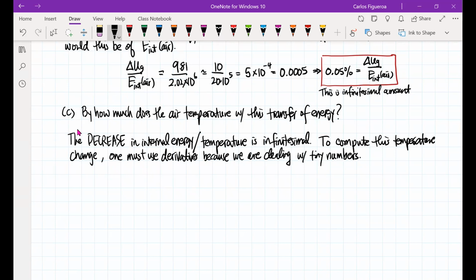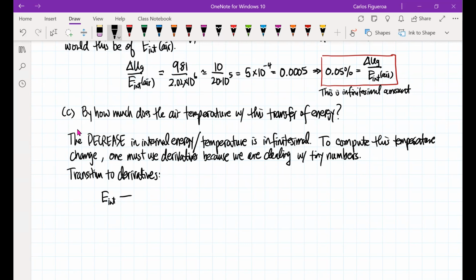So what I'm going to do now is transition to derivatives here. If I transition to derivatives, I say that I have some internal energy in the room.